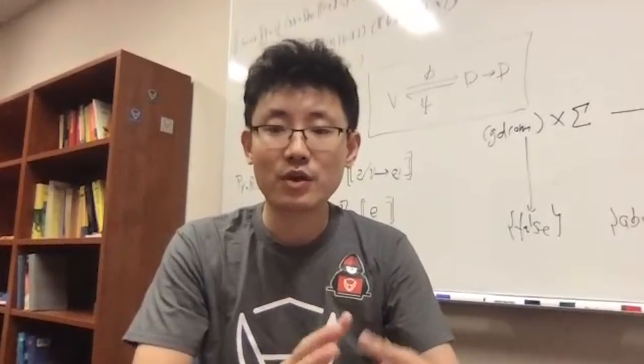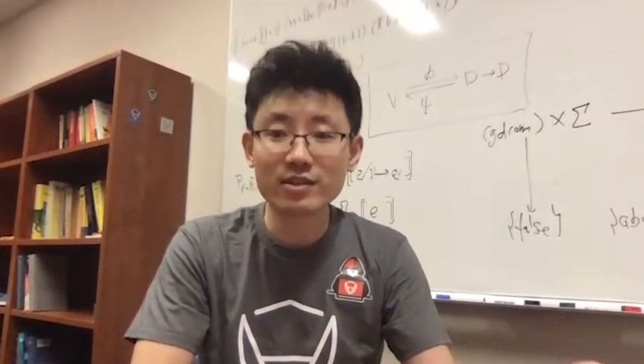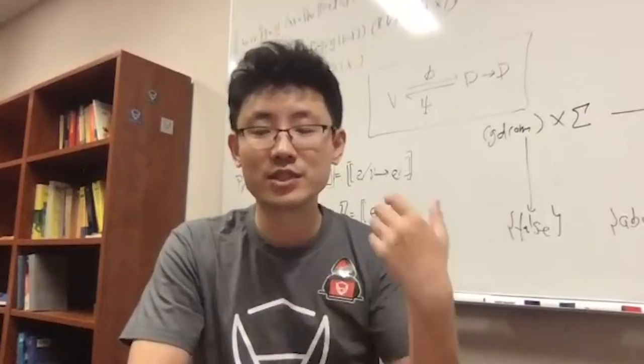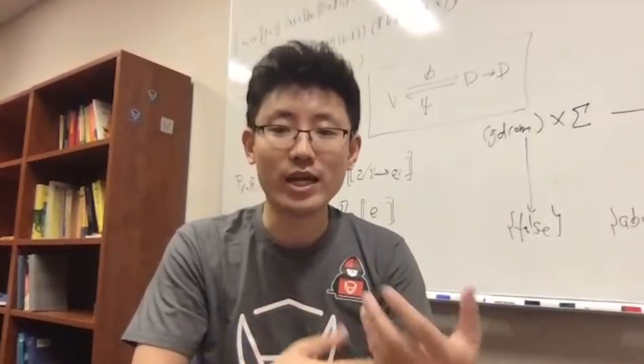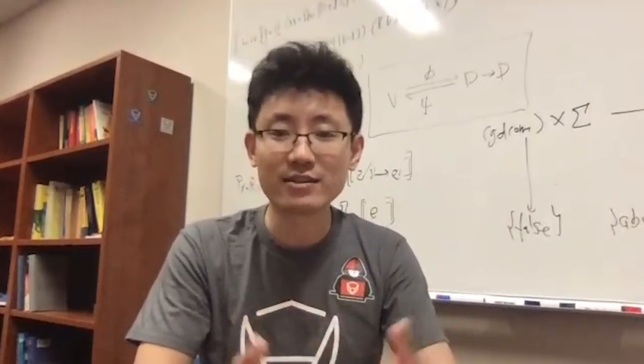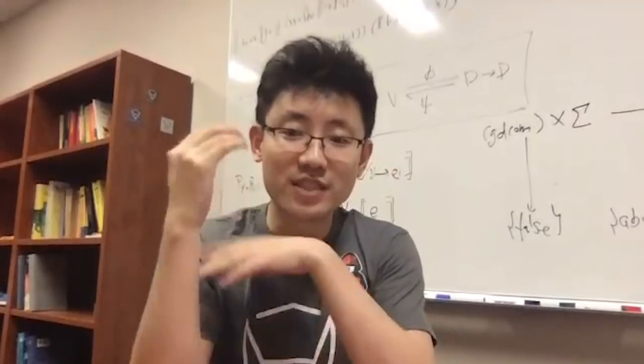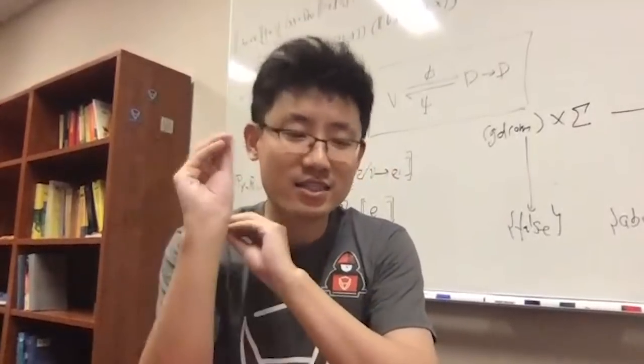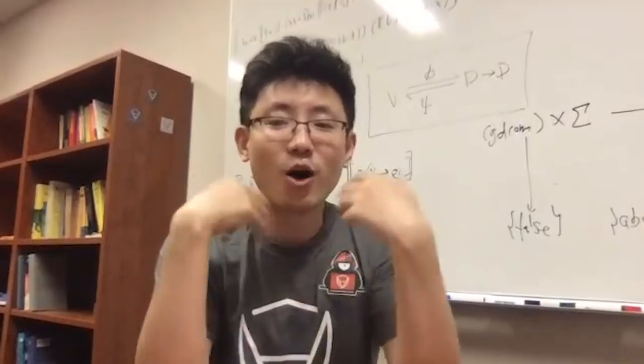In 2015, Professor Zhong Shao, the other co-founder of our company CertiK, and I worked together. We figured out that the bottleneck of formal verification techniques is not how to do the proof.